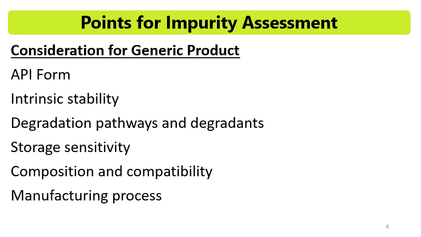Whether there is any compatibility or incompatibility of the API with the excipient or a raw material. Whether there is any interaction between the two APIs if you are working on a combination type of formulation, that is to be considered.